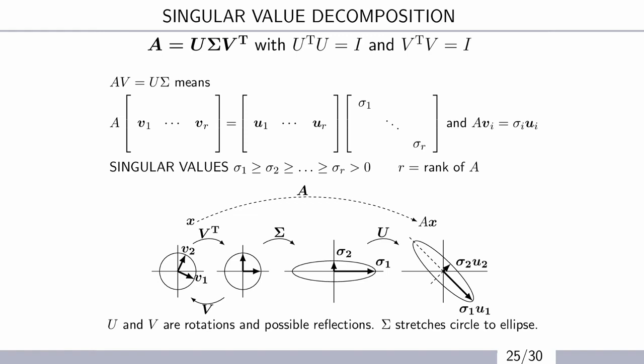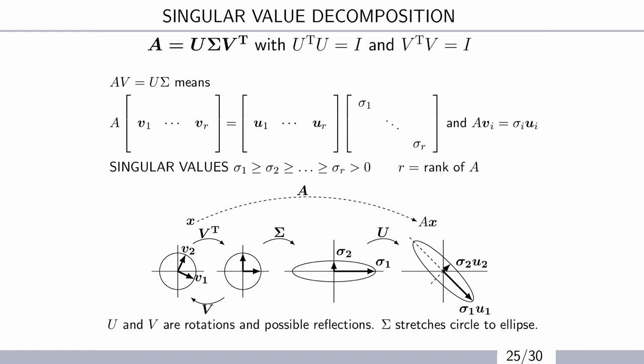So here's, hiding over here is the key. A times the V's gives sigma times the U's. So that's the replacement for Ax equals lambda x, which had x on both sides. And now we've got two, but the beauty is, now we've got two of those to work with.